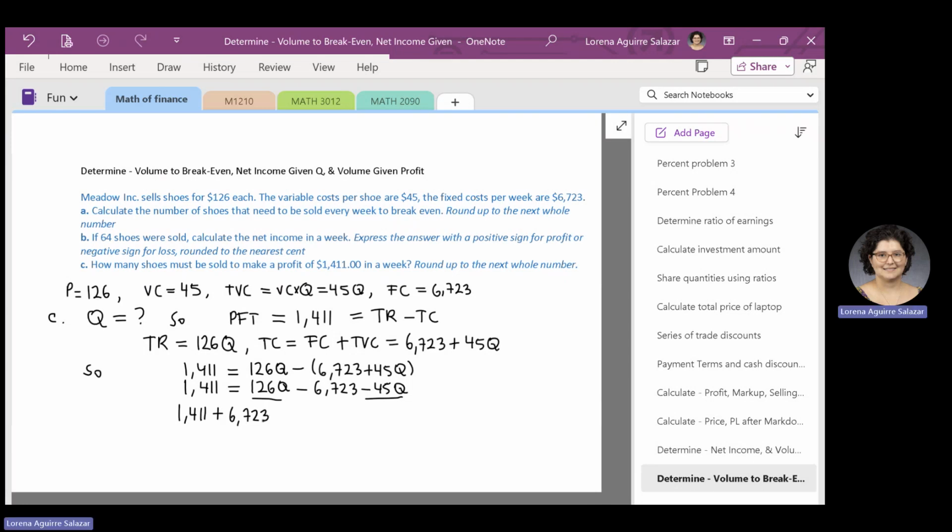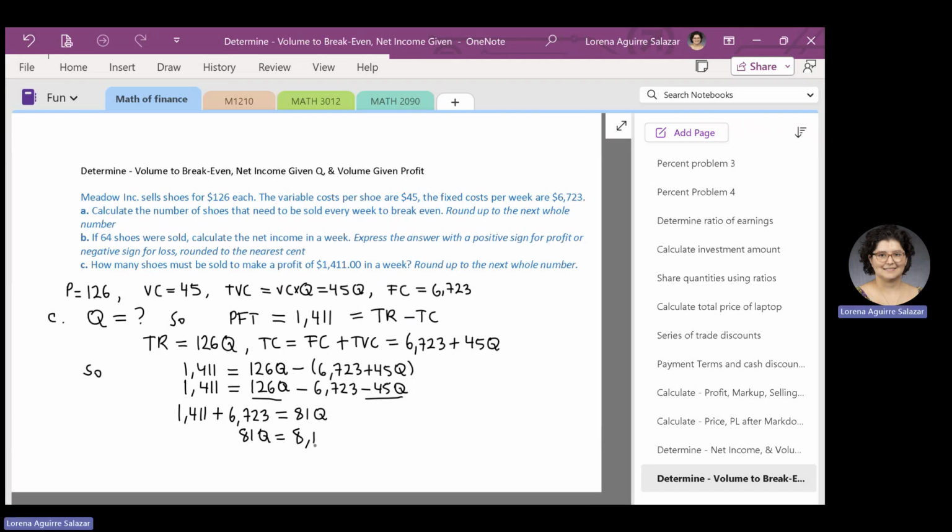This should be equal to, there we have 126 take away 45, that gives us 81Q. So 81Q should be equal to the addition of those numbers, which is 8,134.